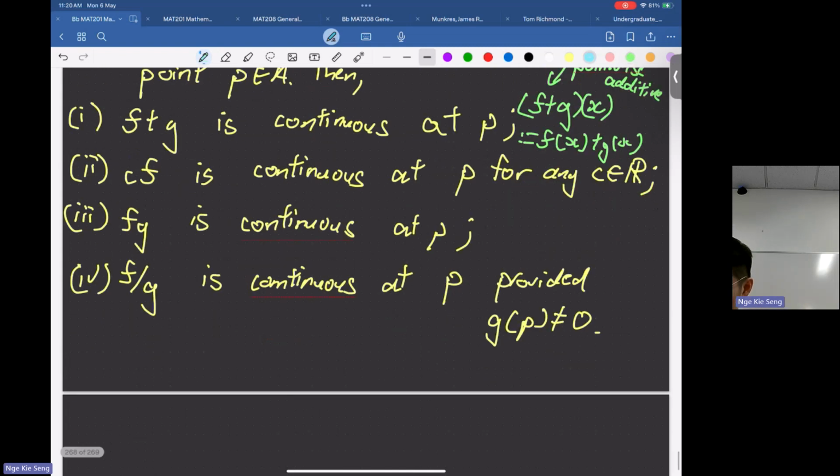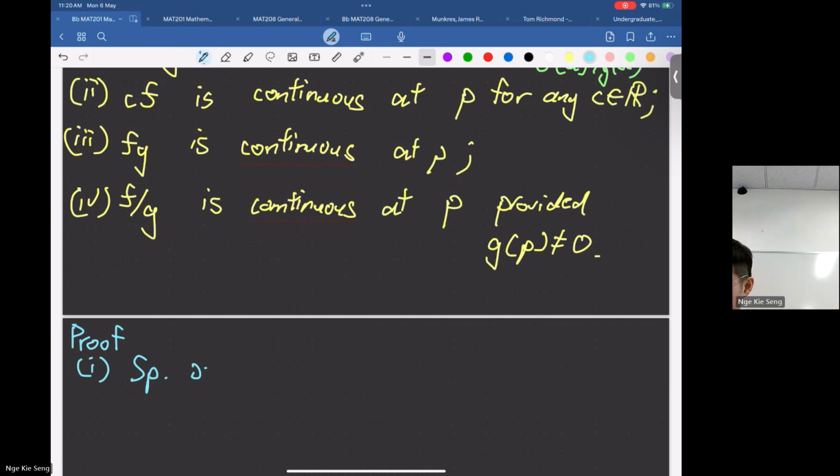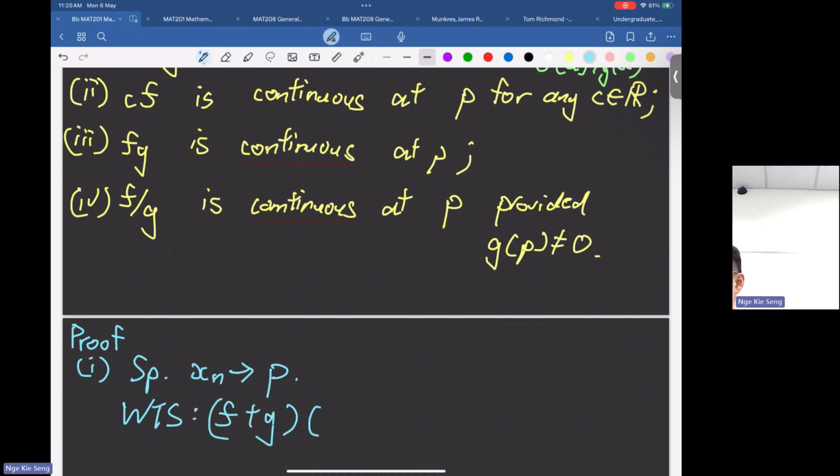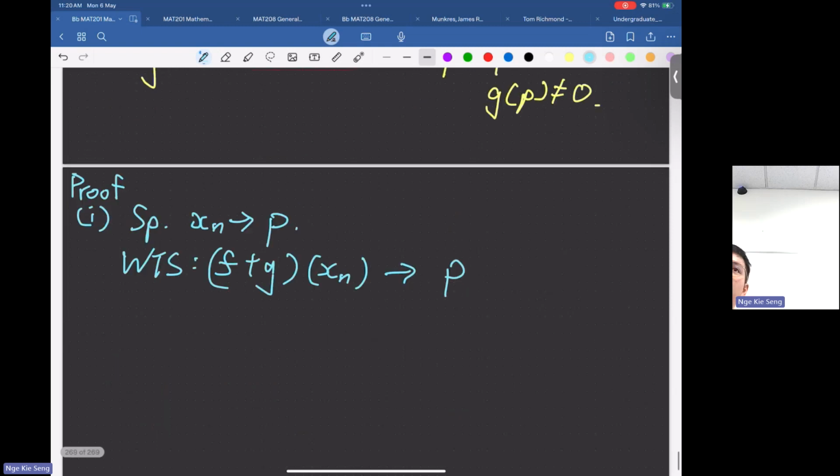So let's quickly write down the statement. Suppose x_n converges to p. We want to show that (f plus g)(x_n) also converges to (f plus g)(p).